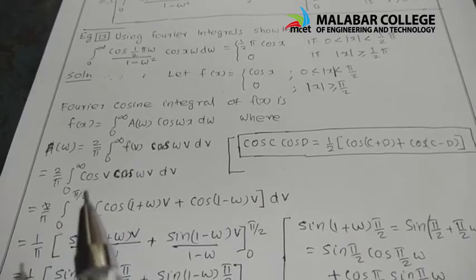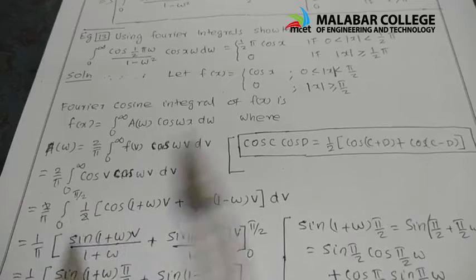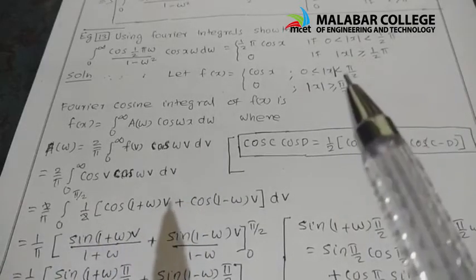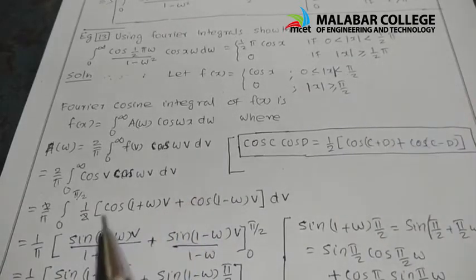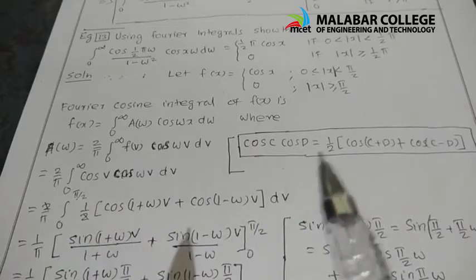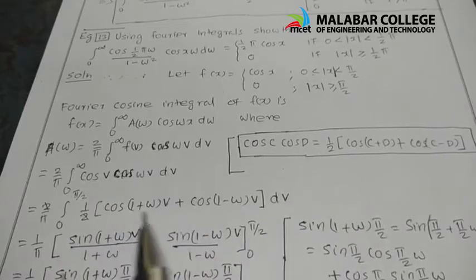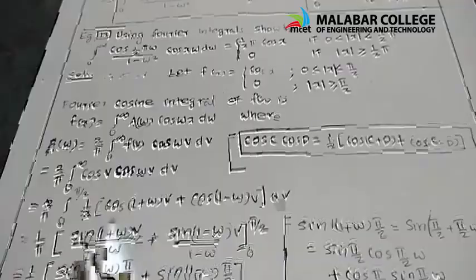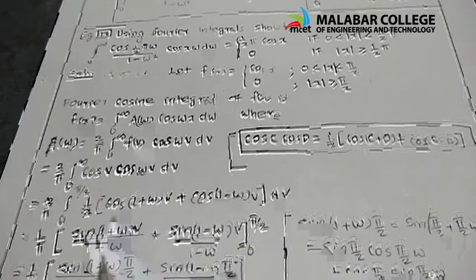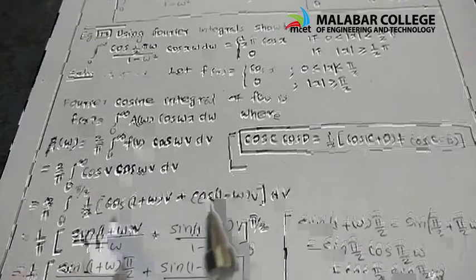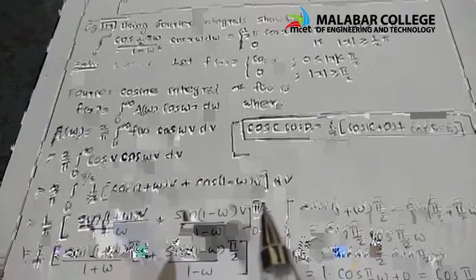It is integral 0 to pi by 2. Why integral 0 to pi by 2? It is 0 to pi by 2 as given, then 1 by 2 into this formula we already have applied, and we have to integrate cos, which is sin 1 plus omega v divided by 1 plus omega, and this one integral is sin 1 minus omega v by 1 minus omega, integral from 0 to pi by 2.